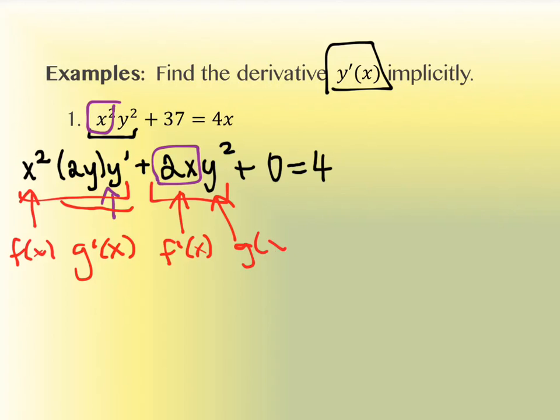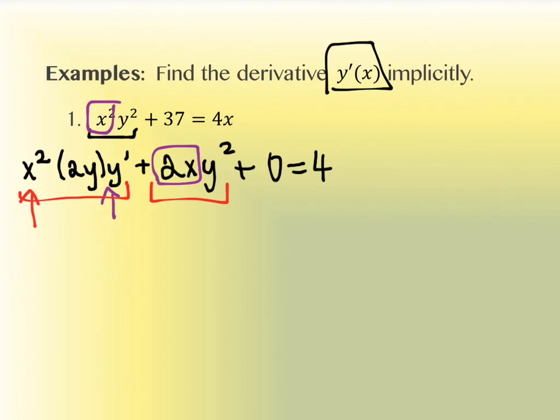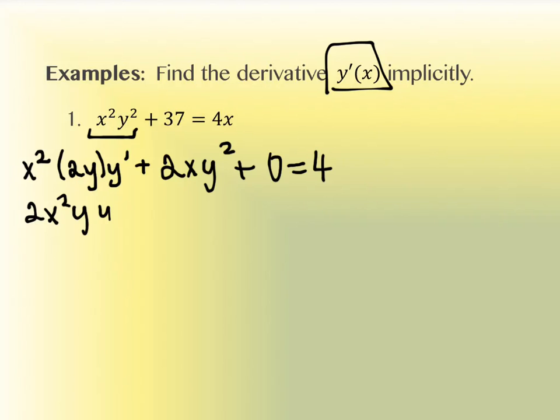All right, the simplifying for this, let me remove all this red, hang on. The simplifying for this is going to involve writing this as 2x squared y prime. I'll do this piece first, I'll move this piece to the other side.